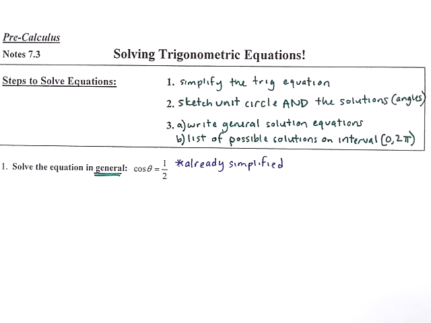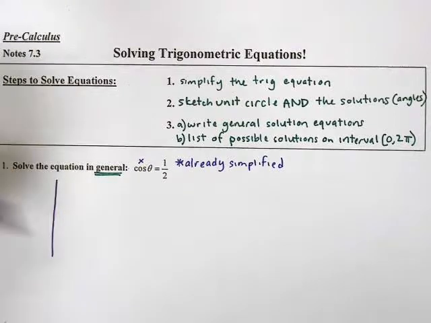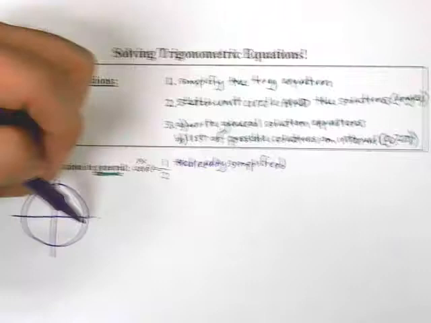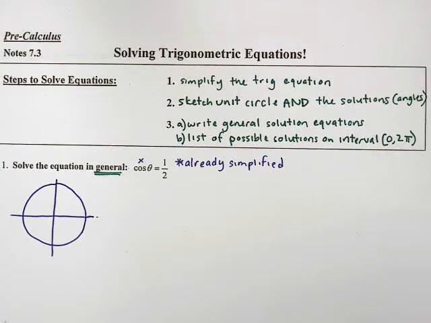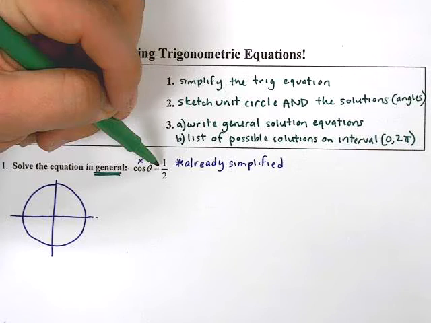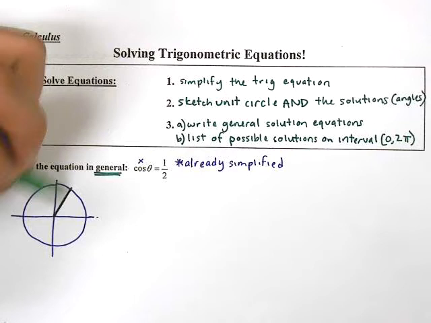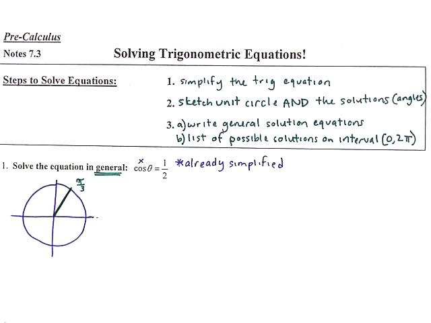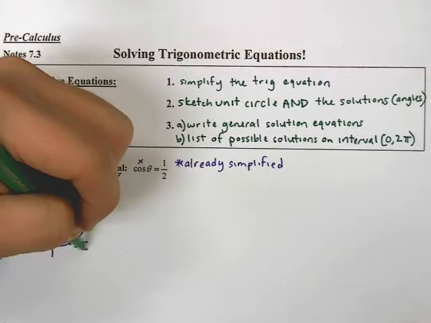And what's really great is if I remember that cosine always goes with x, then when I sketch a unit circle, and it doesn't have to be pretty, I can place my solutions on it because I know where x is going to be 1/2. It's going to be 1/2 up here in quadrant 1, and if we remember x of 1/2, that means this is pi over 3. But it's also going to be down here in quadrant 4, and this is 5 pi over 3.